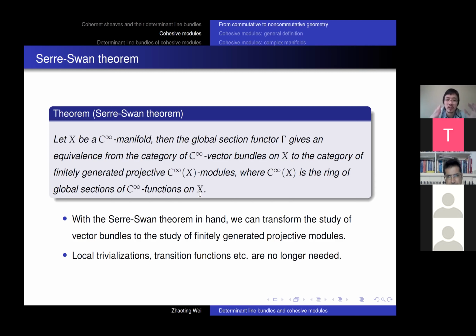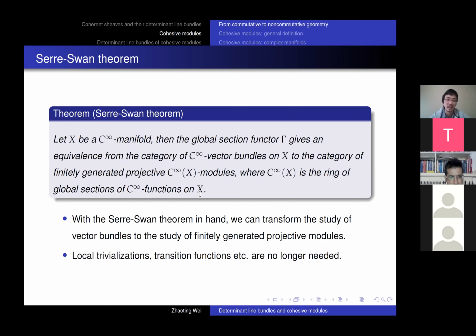If we are talking about holomorphic, if we are establishing an equivalence between two categories, except that instead of having C-infinity X modules, you have some more generalized notion of it, right? Yes, so I think what you said is true. If we have the category of holomorphic vector bundles and the category of finitely generated projective sheaves over the sheaf of holomorphic functions, that is not what we want. Sorry, because you said it's not true and I knew it was true. Sorry about this. Okay, thank you very much.